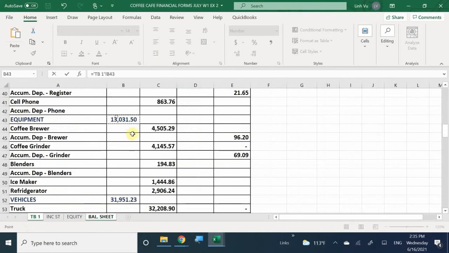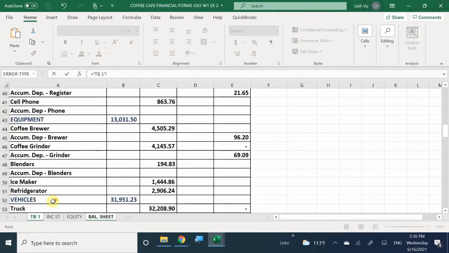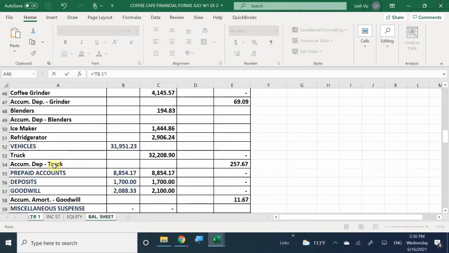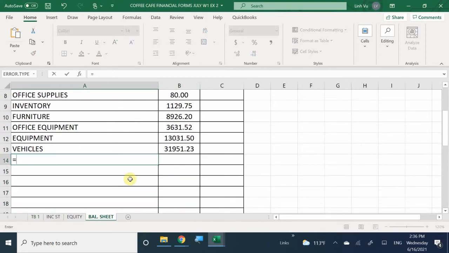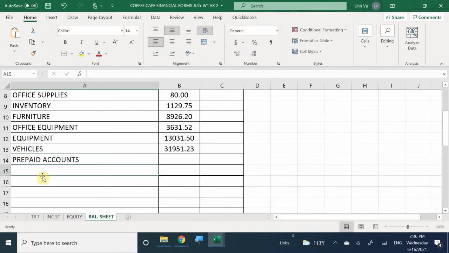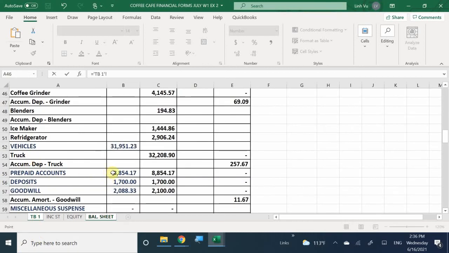Vehicles for $31,951.23. Prepaid account, for what total? 8854.17.